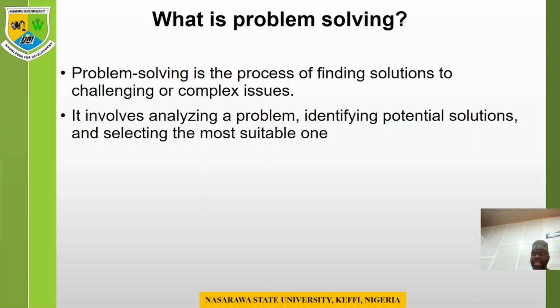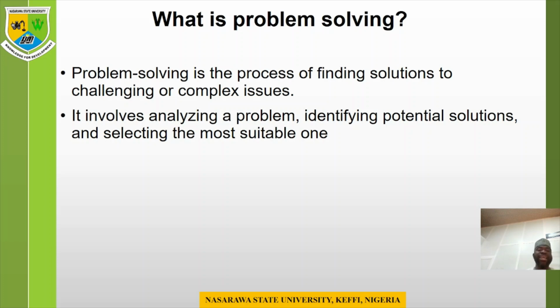In a typical problem solving technique, in some literature, you could see that the steps, which have just been highlighted in this slide, include: you identify the problem, you analyze the problem, you generate the solutions, evaluate the solution, implement the solution, monitor and adapt the solution, and reflect and learn.